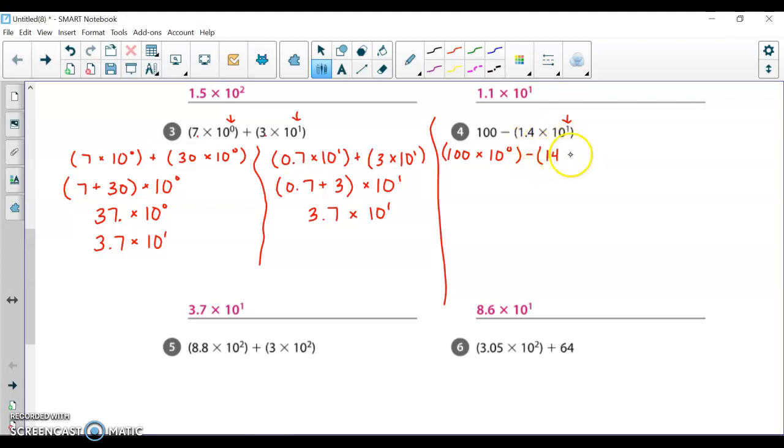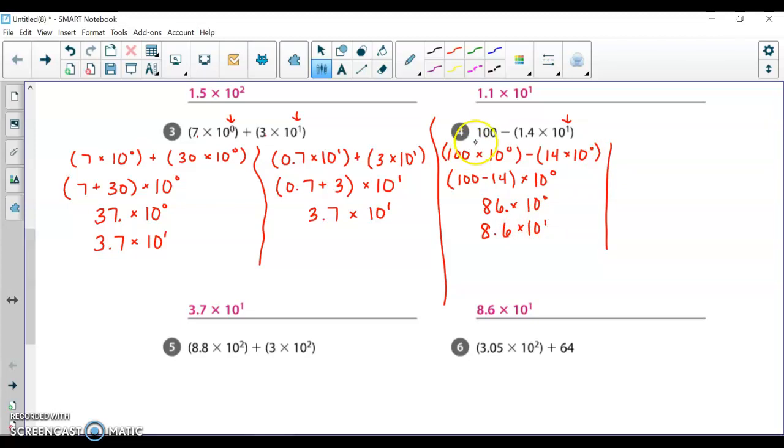So this would become 14 times 10 to the power of 0. I could pull my numbers to the front. I could subtract. But 86 is a lot bigger than 10, so we would want to move that decimal back and get 8.6 times 10 to the power of 1.